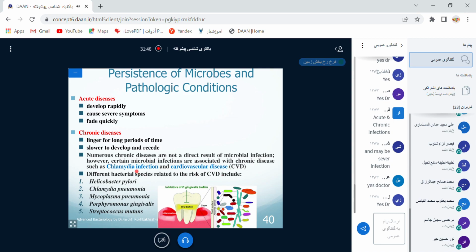Different types of chlamydia, like Chlamydia trachomatis, and different types of bacteria can affect different tissues of the body. Sometimes heart pain, heart attack, and heart problems are related to bacterial infections.